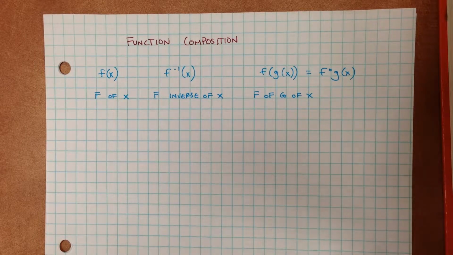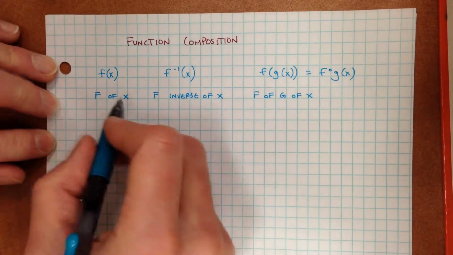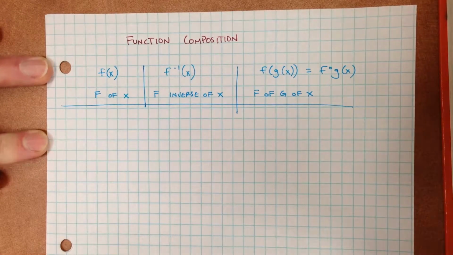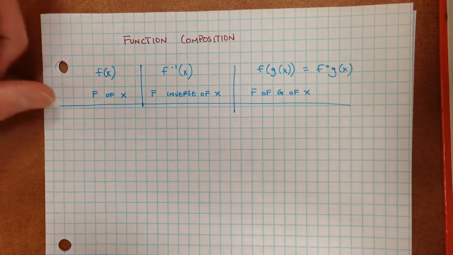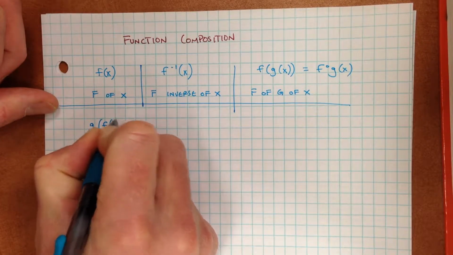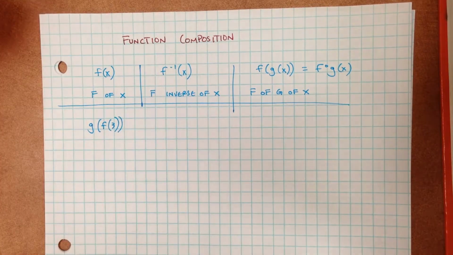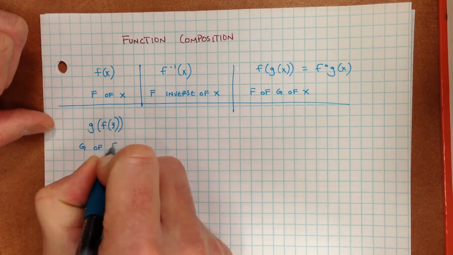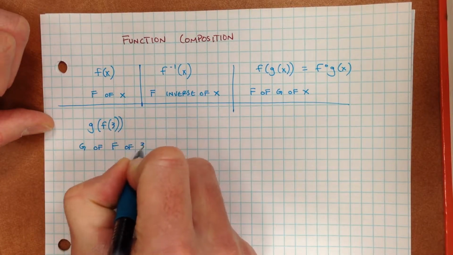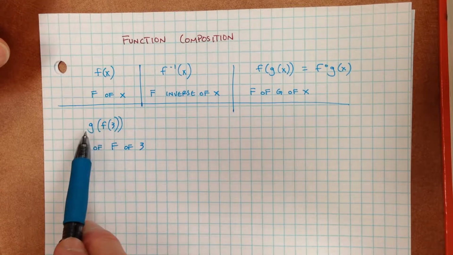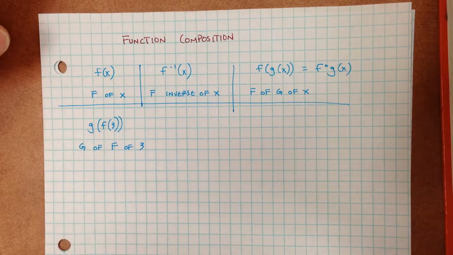Let's do a couple more right here. We could have, let's see, how about g of f of 3. That is g of f of 3. Not f of x, but f of 3, and it is g of f of 3.